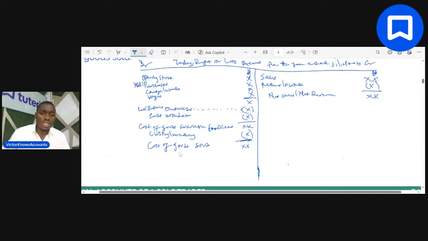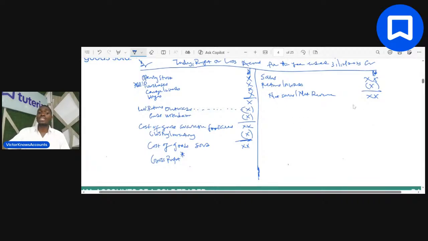Now, if your cost of goods sold is XX, don't forget that the major purpose of your trading account, this trading section, is to arrive at gross profit. So what happens here is you have to use gross profit as a balancing figure. How do you do that? What's the total here? Most times this side, your credit side will be greater than your debit side.